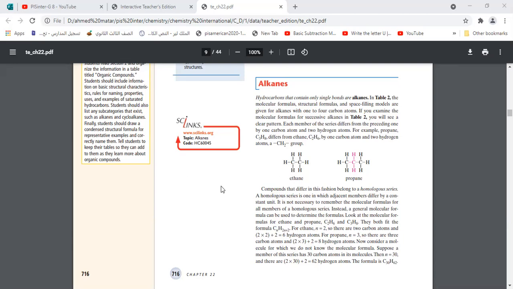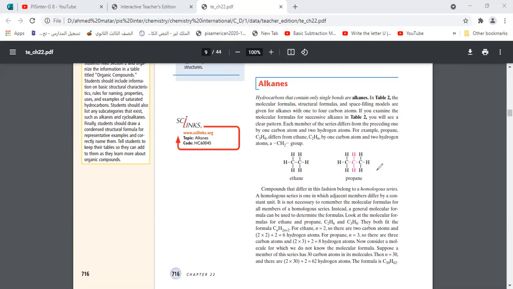So I'm going to ask you, Hassan. Imagine if we need to make this propane into butane. That means 4 carbons instead of 3. What are we going to do? We will add 1 carbon.